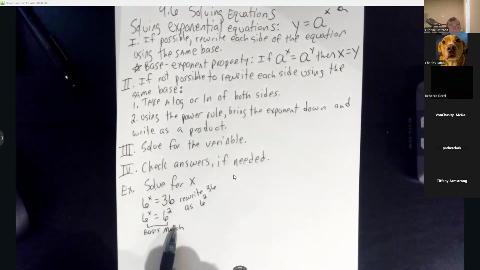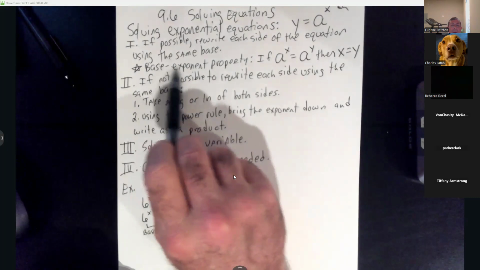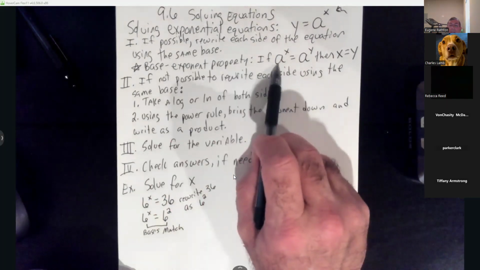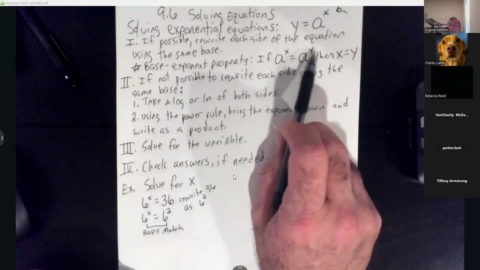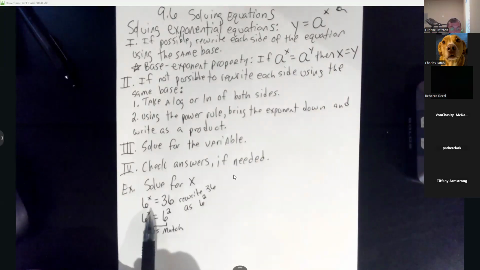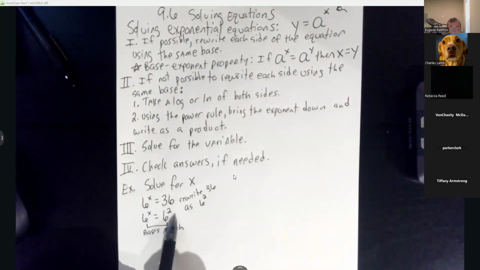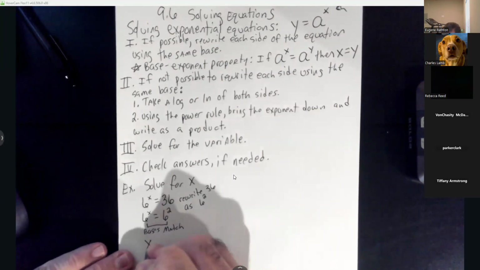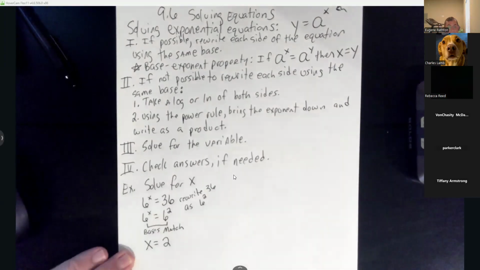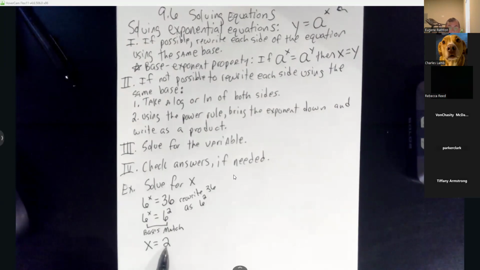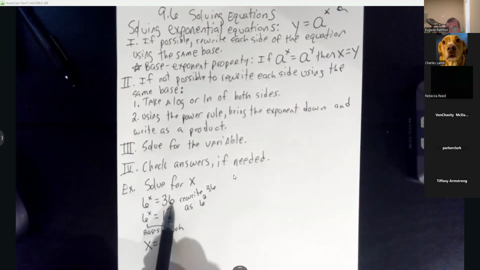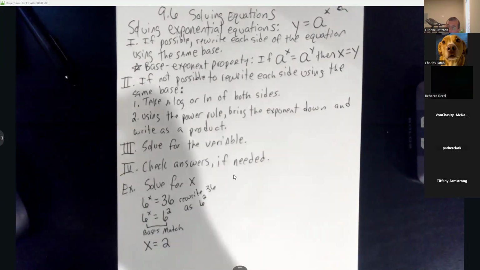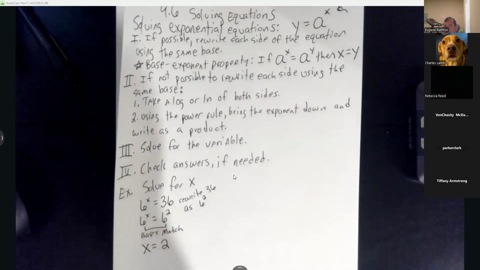So since these bases match, we're invoking the base exponent property that says if these bases match, then x has to equal y. Well, I got my x has to equal 2. And so that one I'm done. So if I want to check this, I'll put my 2 in for the x. 6 squared equals 36. That is a true statement, so we did good.